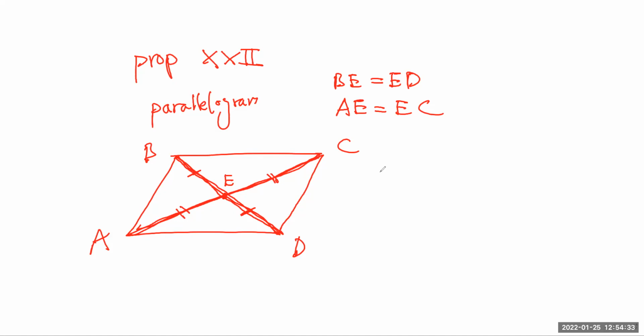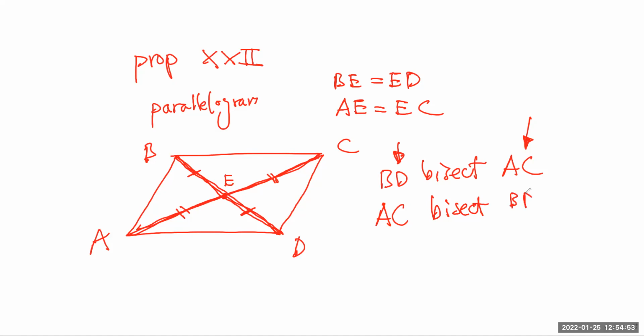So basically, BD bisects AC, and bisect means cut into equal halves. One diagonal bisects the other, and also AC bisects BD. Good? Yep. So how do we prove this?